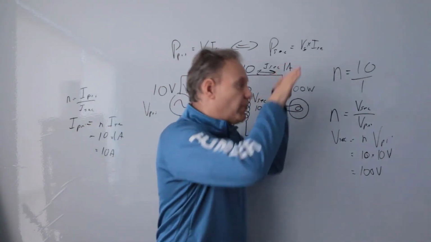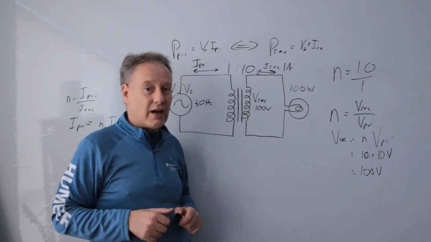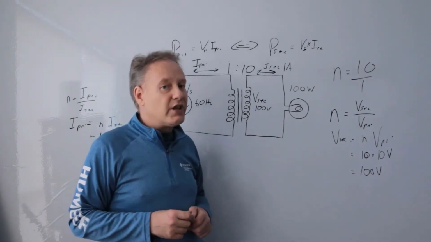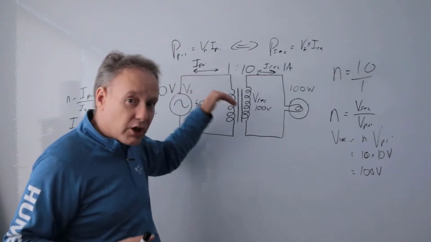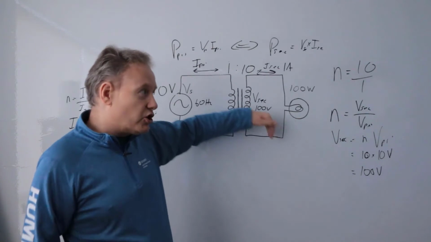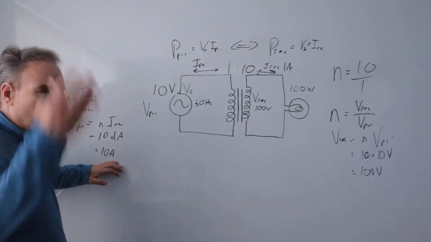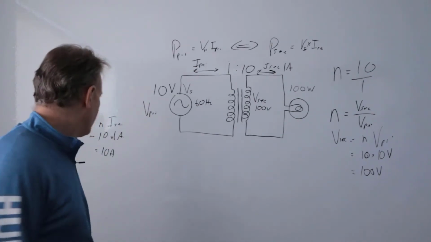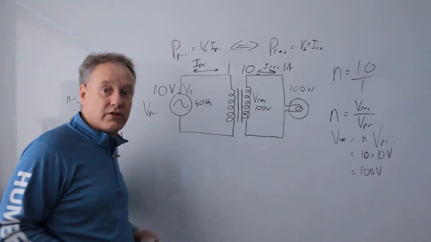Is it going up or is it going down when it comes to the other end of the transformer? We can do that with voltage or current. In this case, we want to just make sure. We know the current was going to go down, and the current in this case is 1 amp, so it should have been higher. So actually, yeah, that does make sense. Always go through that process when you calculate anything. Always say, does that make sense? Does it feel right? In this case, yeah, it feels right. It's actually good.